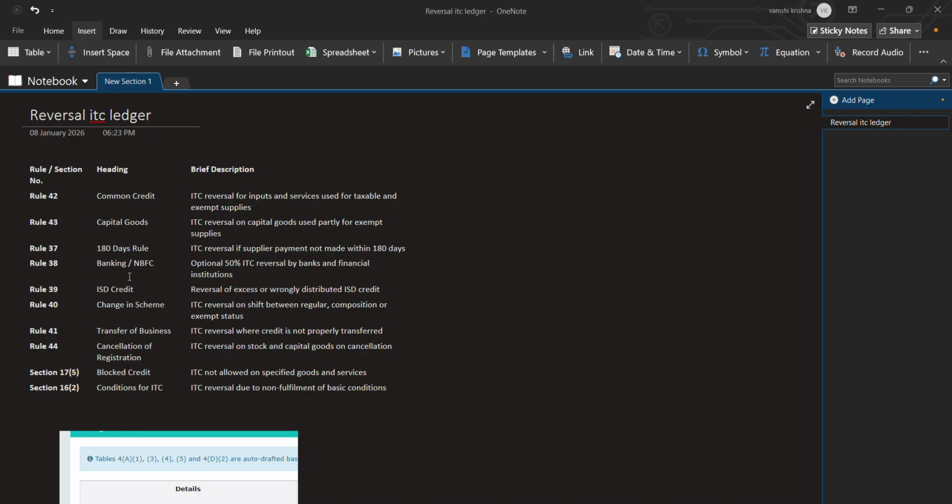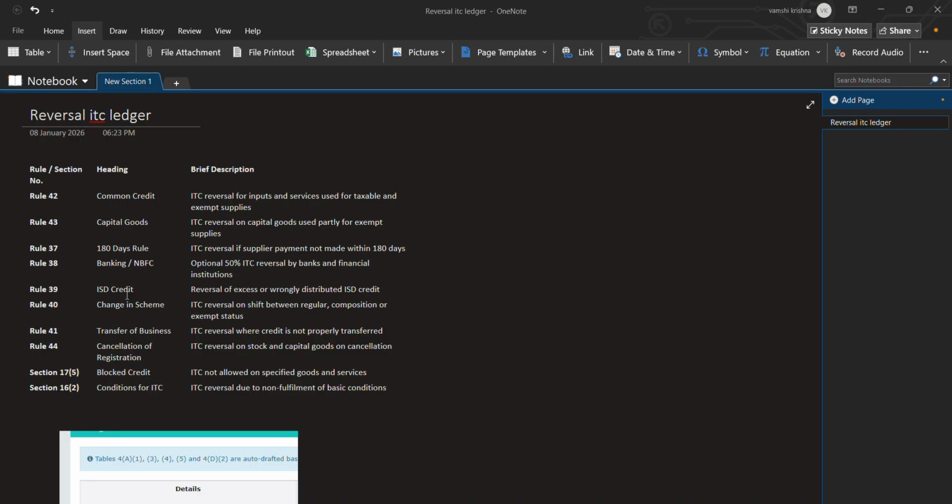This is optional, not mandatory. They can either choose 50%, or they can do the calculation, use this common input and reverse it, and capital goods and reverse it. So they can directly choose 50%.